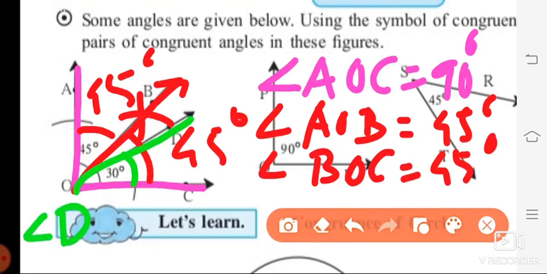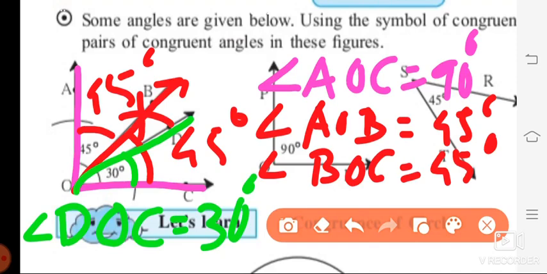Angle DOC equals 30 degrees. Means in this figure, do you have a total of 4 angle measurements? Angle AOC is equal to 90 degrees, angle AOB is equal to 45 degrees, angle BOC is equal to 45 degrees, and angle DOC is equal to 30 degrees. Means 4 measurements are you getting?